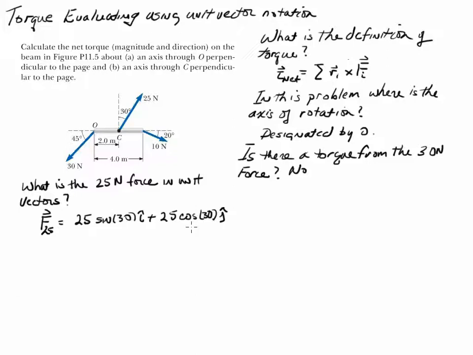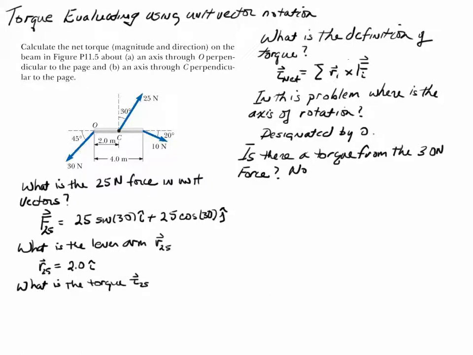And the vertical component is 25 cosine 30 j hat. What is the lever arm? Well, the lever arm extends from O to point C, and that is vector r sub 25 equal to 2.0 i hat. And of course, we're taking i as the x direction, horizontal, and j as the y direction, vertical.